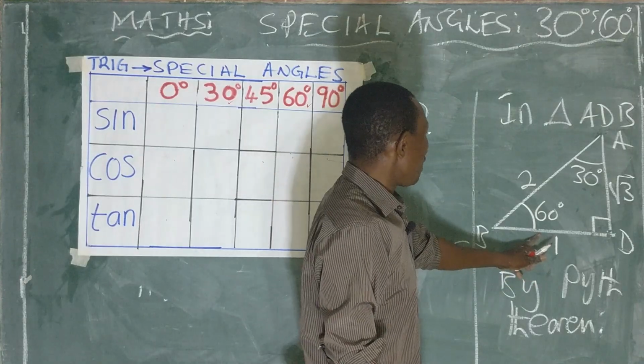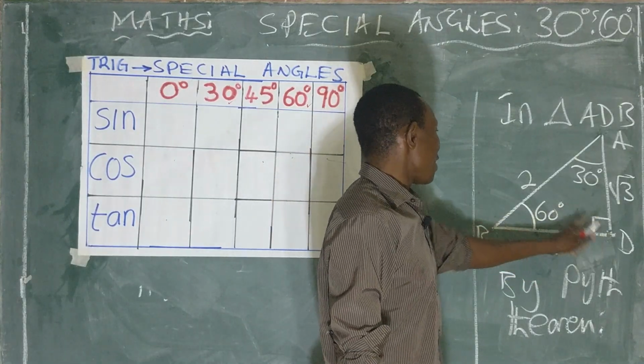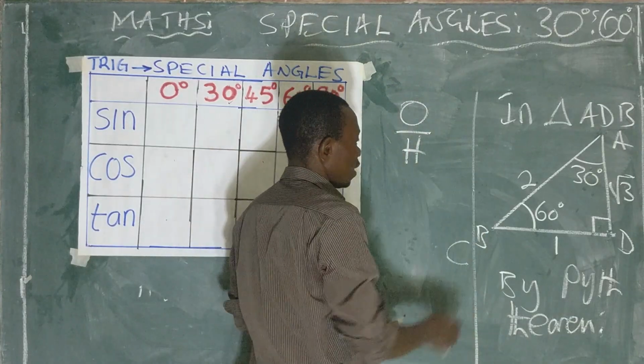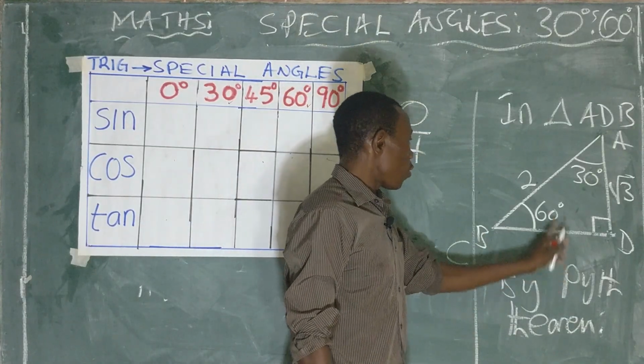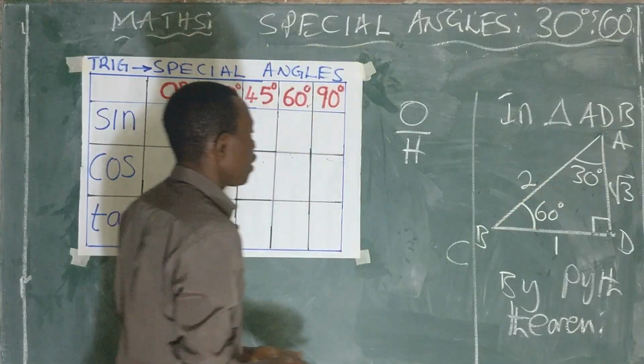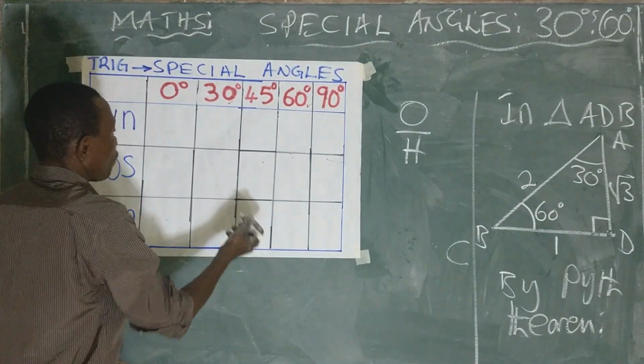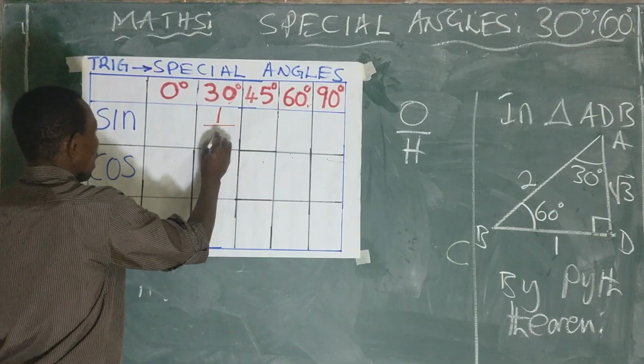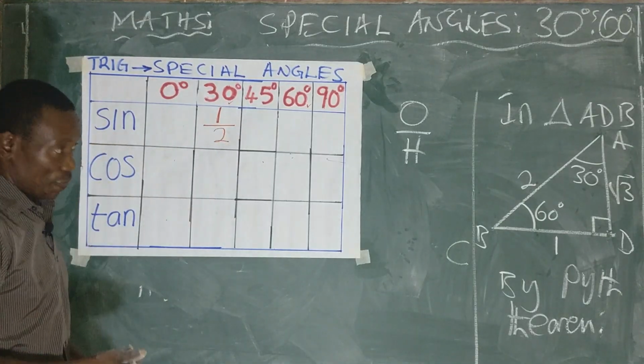And the hypotenuse side for this triangle is 2. So the sine of 30 degrees should be equal to 1 over 2. So here we're going to indicate 1 over 2, which is just like a half.